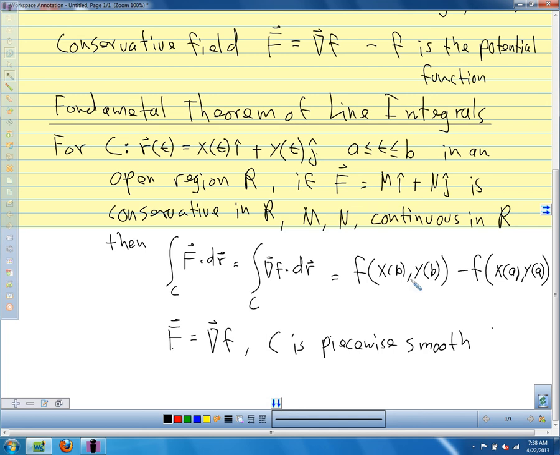If we know we have a conservative field, no matter what the path is, we can just figure out the value at the endpoints of our interval. So it simplifies our work in a lot of situations. Any questions on our fundamental theorem?